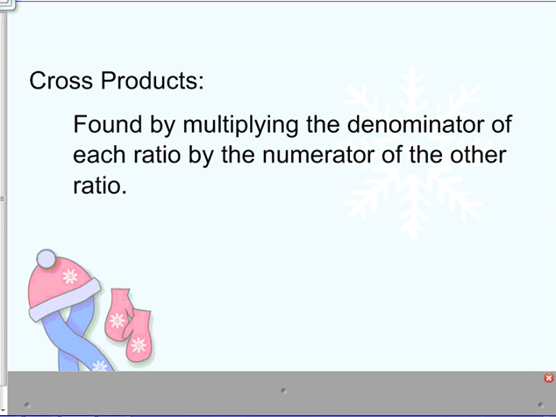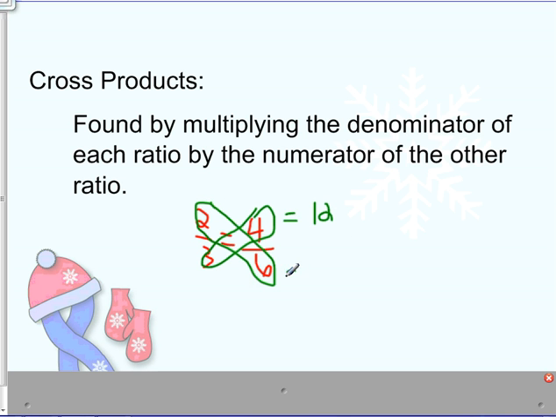So, for example, using that same example, the 2/3 and the 4/6, if I were to cross multiply or use cross products, which means I'm going to multiply the 2 and the 6 and the 4 and the 3, 4 times 3 is 12, and 2 times 6 is also 12.